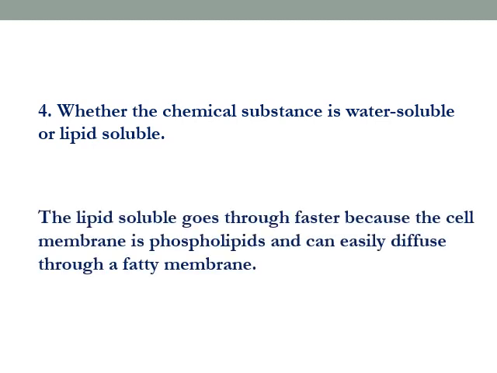The lipid soluble goes through faster because the cell membrane is phospholipids and can easily diffuse through a fatty membrane. طبيعة المواد التي تنفذ عبر البلازما ممبرين، هل هي لها قابلية الذوبان في الماء أو لها قابلية الذوبان في الليبيد؟ بطبيعة الحال البلازما ممبرين أحد مكوناتها هو الفوسفوليبيدز، لذلك في المواد التي تكون لها قابلية الذوبان في الليبيد تكون عملية انتقالها أسهل وأسرع من بقية المواد.